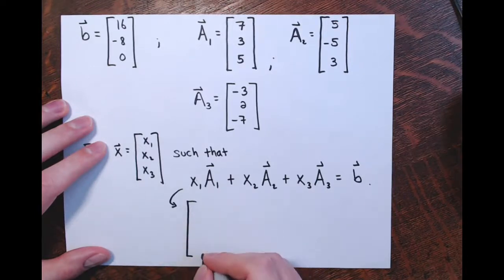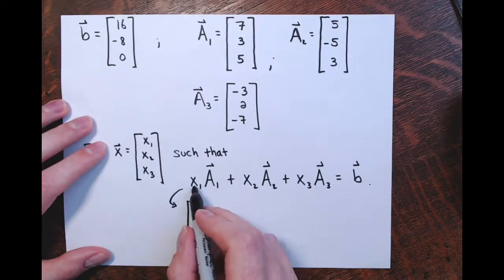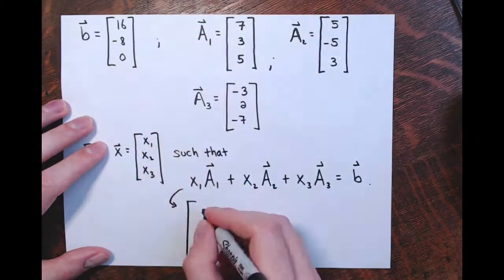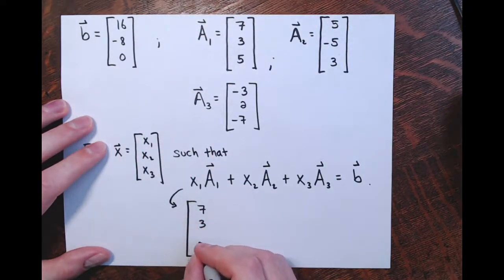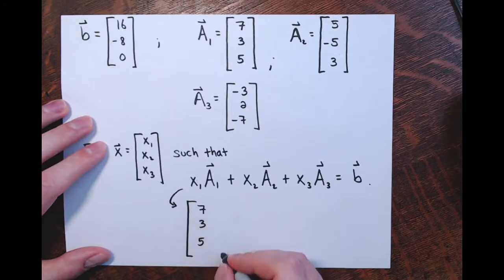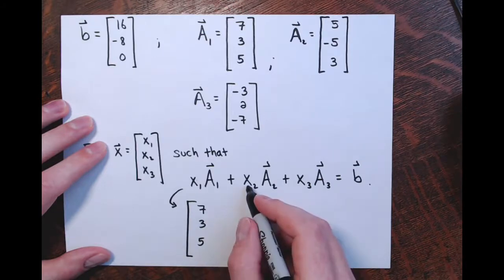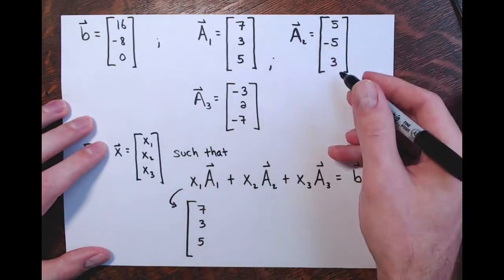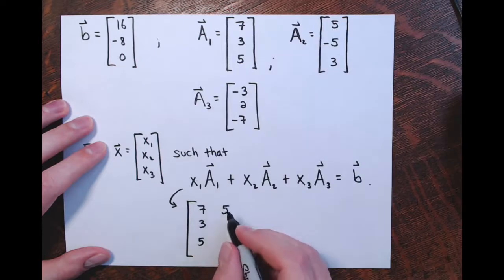Down the first column go the coefficients of x1, which will be just vector a1: 7, 3, 5. Down the second column go the coefficients of x2, the components from vector a2: 5, negative 5, and 3.